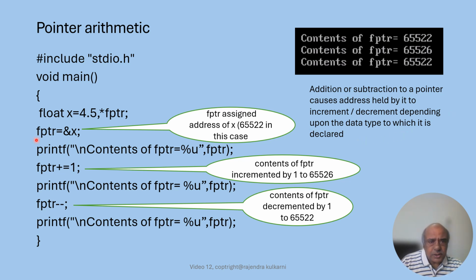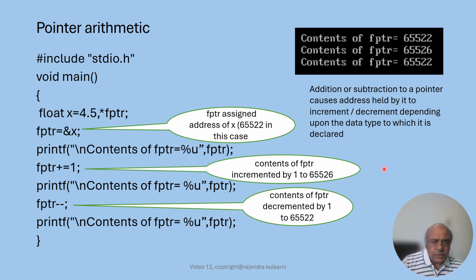So when a pointer is a float pointer, addition or subtraction of 1 will cause the contents of the float pointer to change by 4 bytes. The address will be incremented to the next location where a float value is stored.